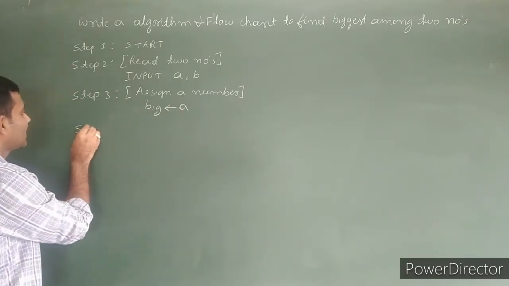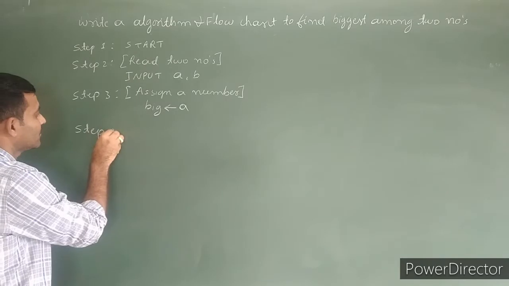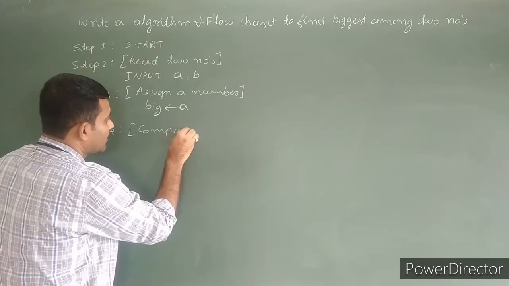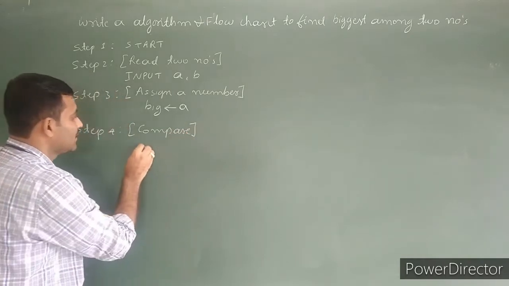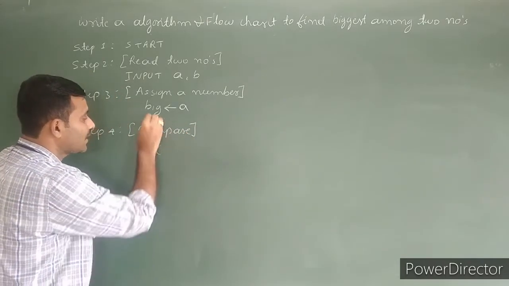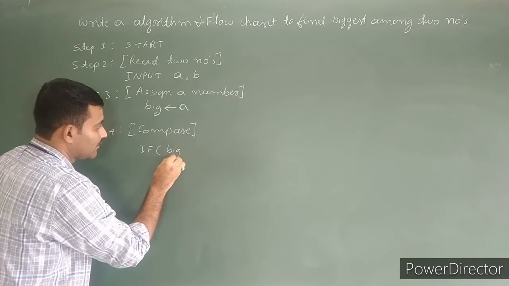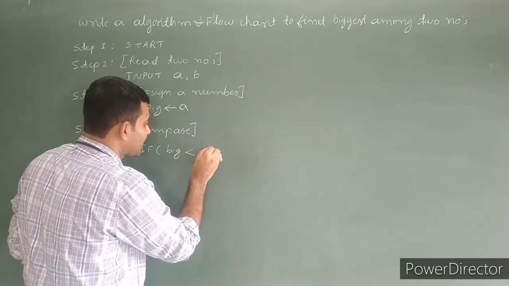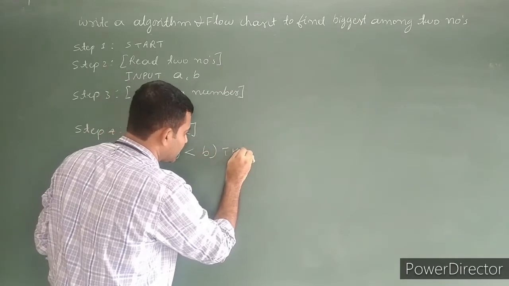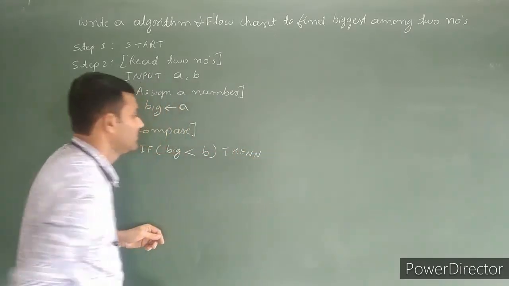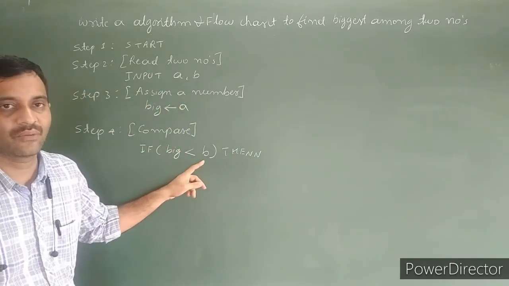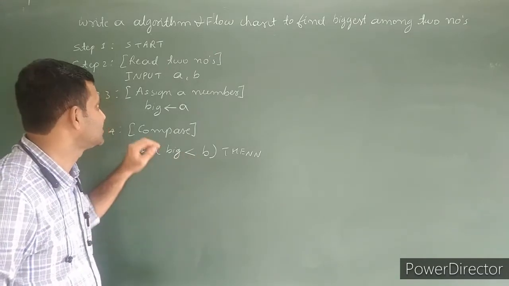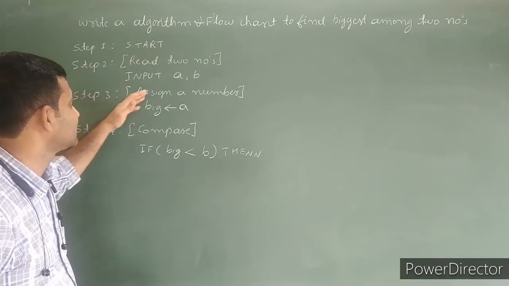Then in step 4, compare. How to compare? If our assumption big is less than the second value, then the biggest number is the second value.